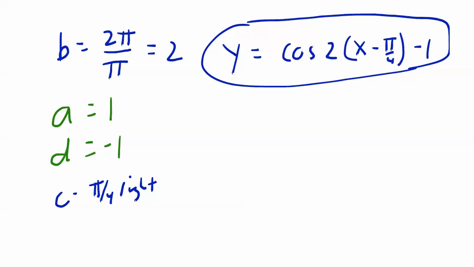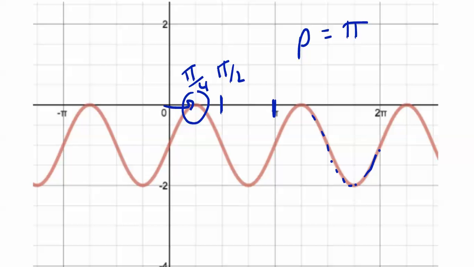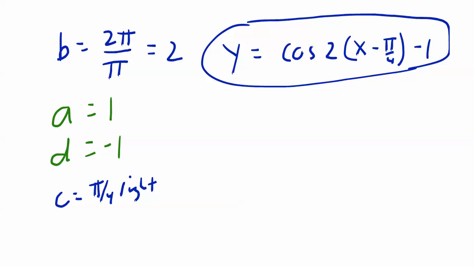Let's see about sine. Sine starts at a midline. Well, my midline was down here at -1, and the graph starts exactly at the midline. So sine actually would have been the smarter choice for my equation here. So there's no shift then. So it's just y equals sine of 2x minus 1.